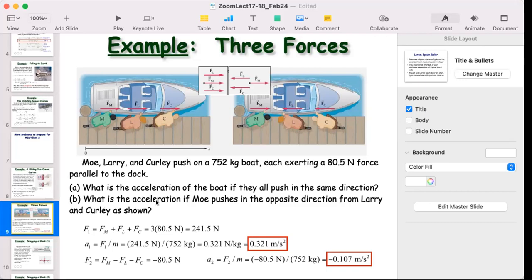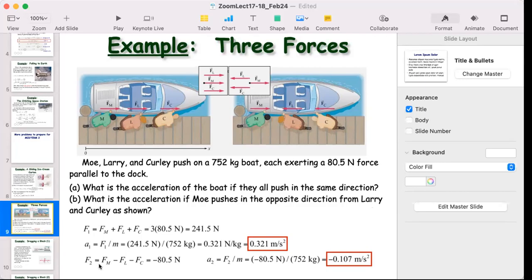Part B says, what is the acceleration if Mo pushes in the opposite direction from Larry and Curly as shown? So here we have Mo in this direction, and then we have Larry and Curly going in the opposite direction.